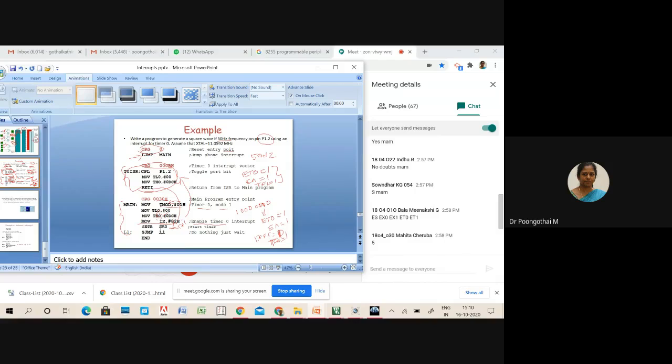Once the overflow flag is set to 1, your 8051 will be interrupted. Your program control is transferred from main to ISR. The timer 0 interrupt vector starting address is 000B, so we have to store the instruction in 000B. Here I am complementing P1.2 and again loading the initial value in order to repeat the process.